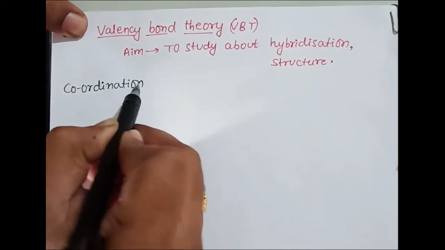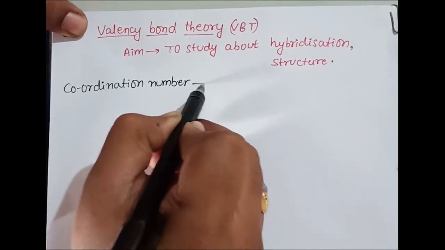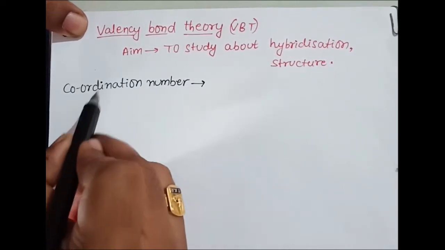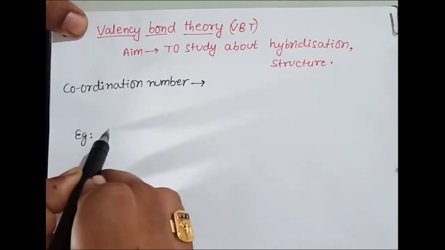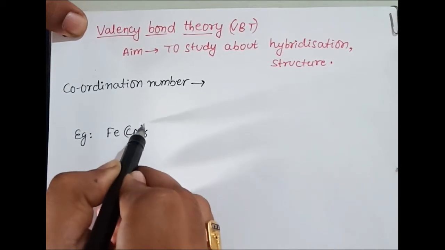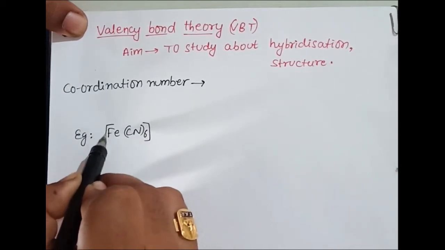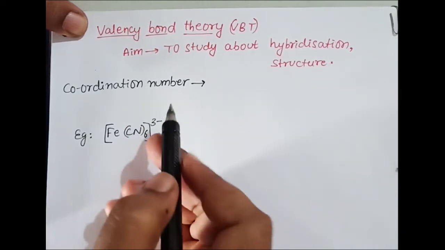Coordination number is a very important word in this topic. So what does coordination number mean? Take an example like [Fe(CN)6]3-.